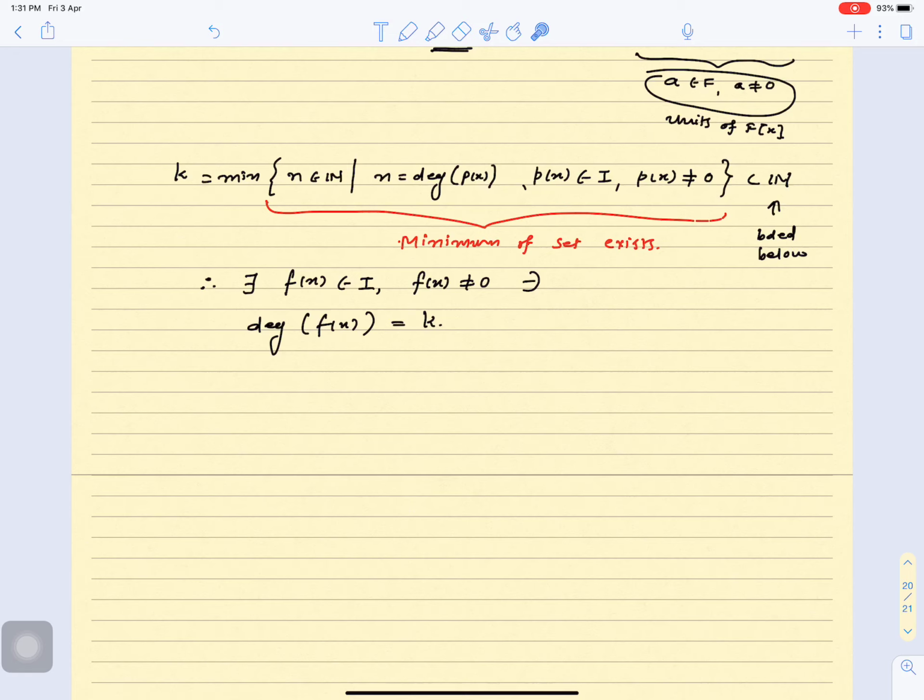It means I have one polynomial in I which is non-zero and whose degree is k. Such a polynomial is not unique. There may be more than one, or infinitely many polynomials in I whose degree is k, but I have considered one. So this f(x) may not be unique. So now this is my claim.